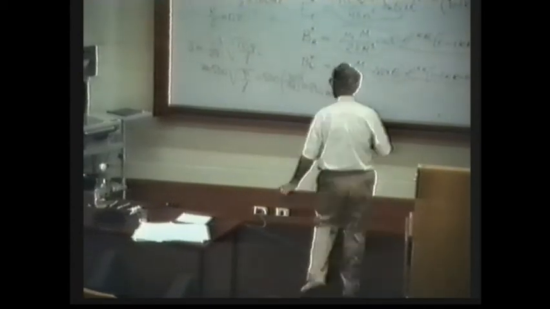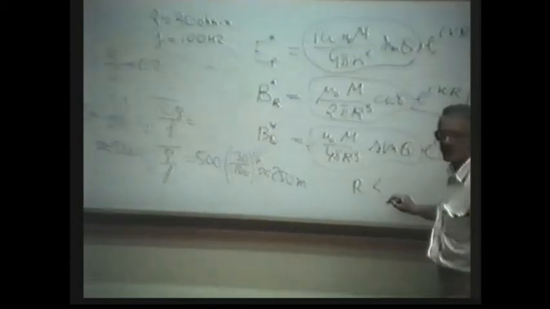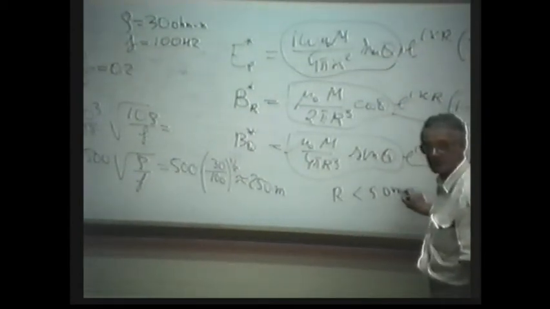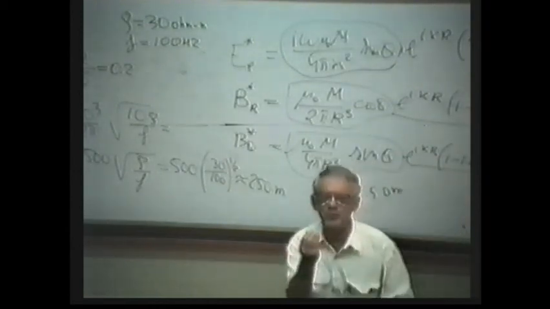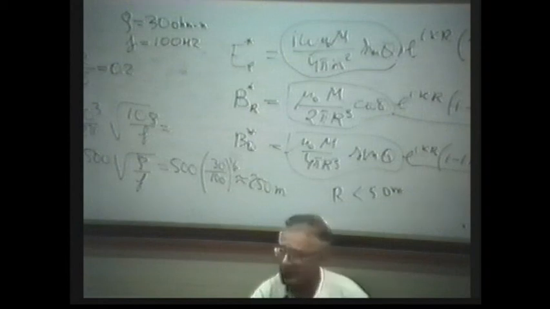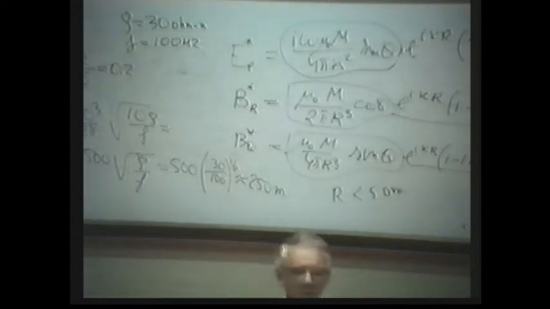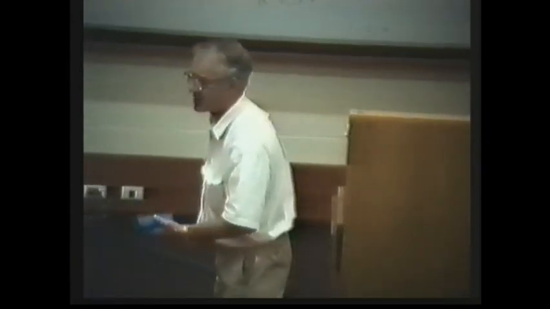So what is the maximum distance? 50 meters, so it's not 1 micron. So it's not too bad already to feel what is going on around the transmitter, at a frequency of 100 Hz. Now let me show you a completely different example.